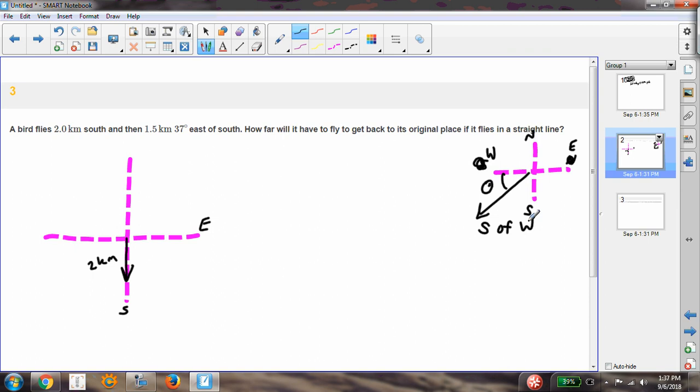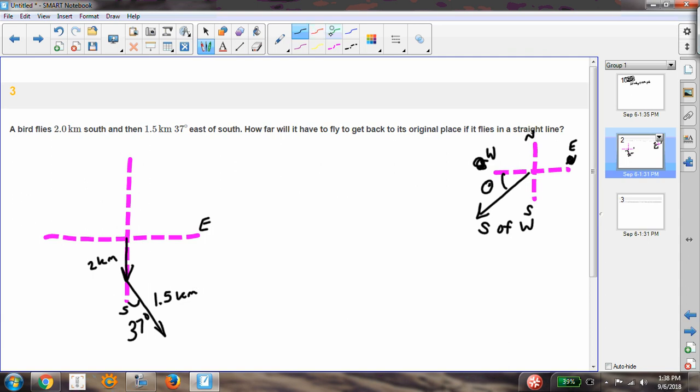But OpenStax, in the way they present this problem, and it's a fine way to do it, flipped it, and instead of saying south of west, now they're saying east of south or west of south. What that means is, to go east of south, I go 37 degrees east of south. So this vector is 1.5 kilometers at 37 degrees east of south.